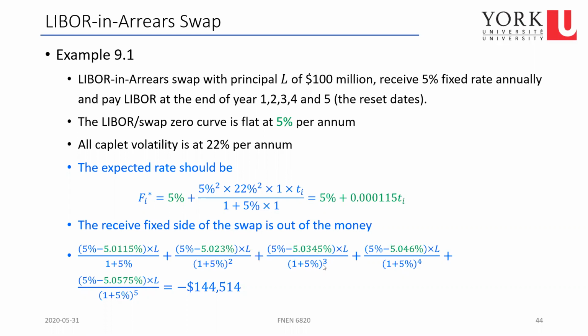Once you have that, you can see that this is the actual payoff, and you discount it for 1 year, discount it for 2 years, and so on, and each of them you multiply by the notional. This gives the actual pay structure here. You will see that the fixed side is out of the money, because you receive fixed at 5%, but every time you will pay out a rate that is actually higher than 5%. So you receive fixed and you are at a loss here. This side will have a negative value.